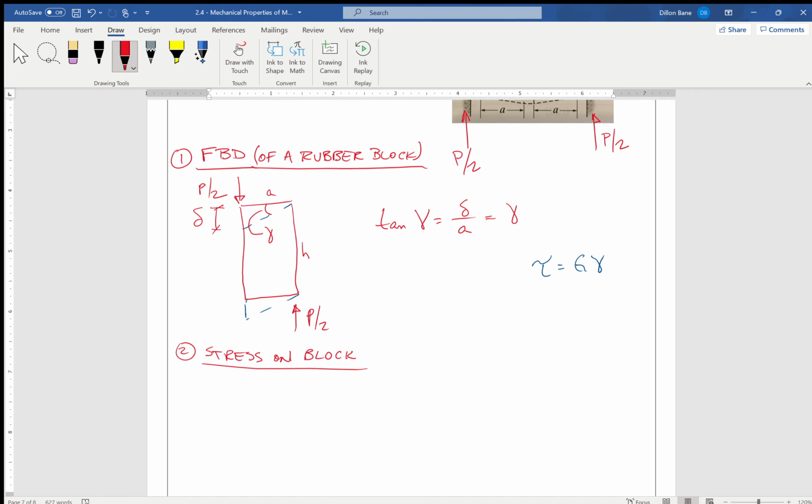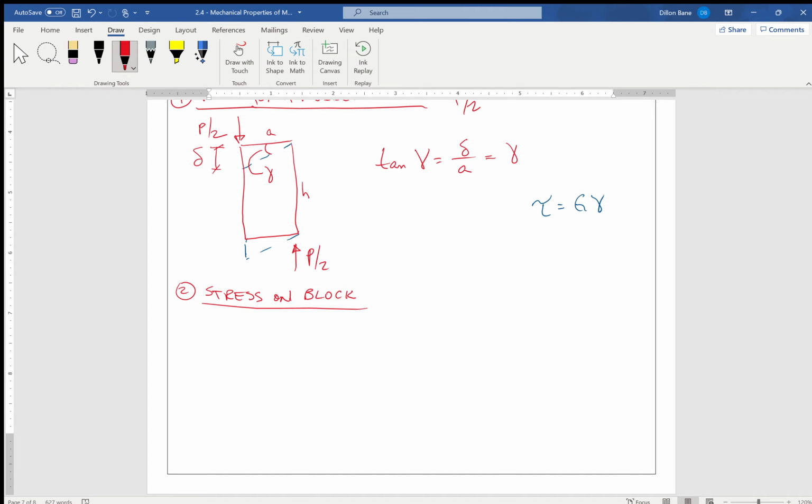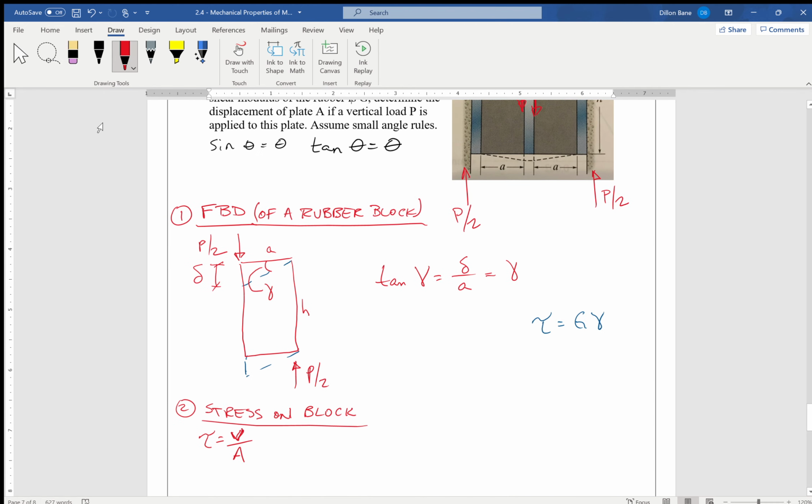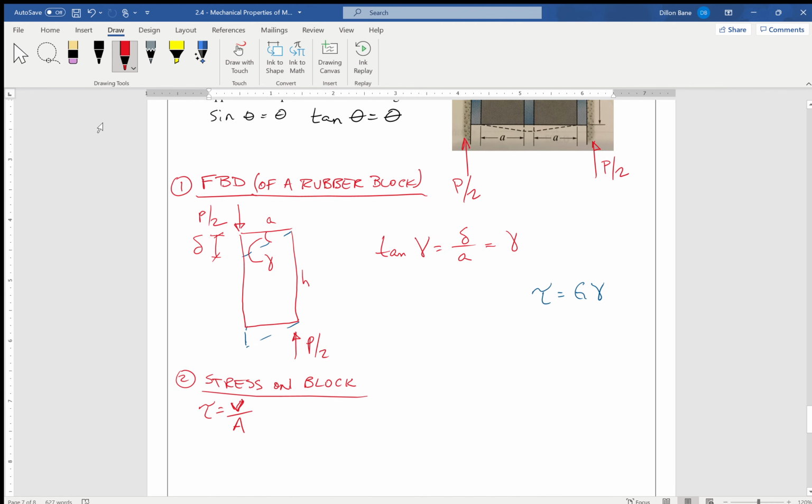So again, shear stress, we've defined it many times already, is just V over A. But the question is, what is the shear stress on this block of rubber? And we just got to identify what V and A are for this particular problem.